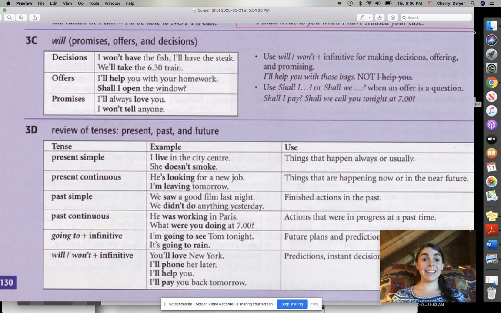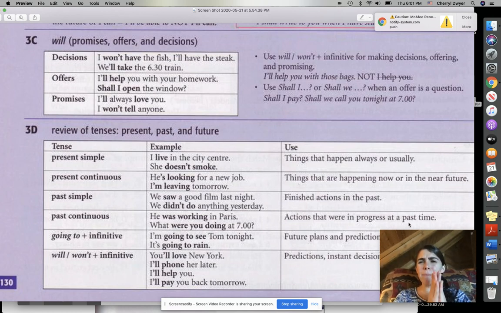Okay, then we added past continuous. And past continuous is for, it says, actions that were in progress at the past time. So that's like taking just a moment from the past, just a little moment in talking about it, okay?